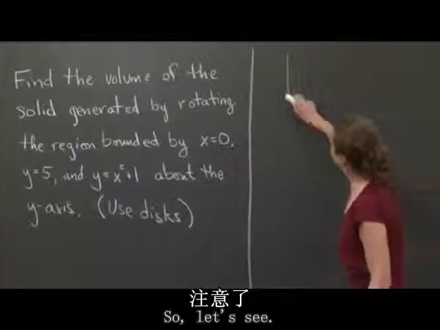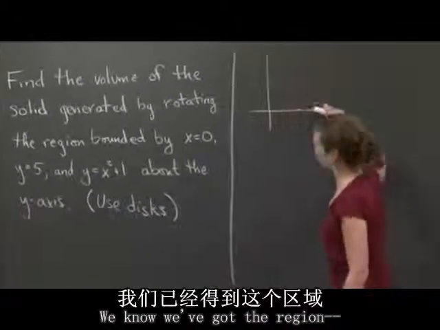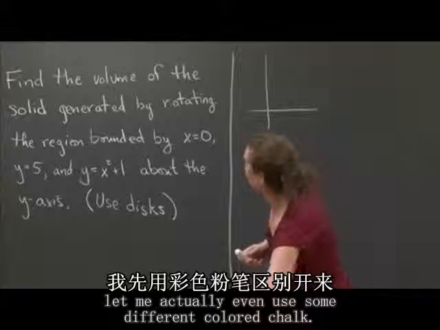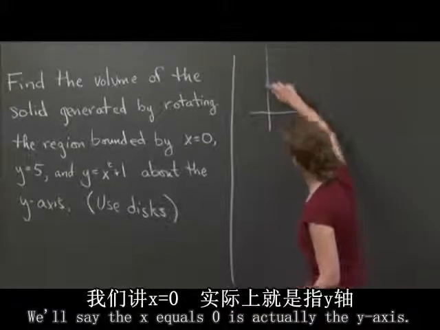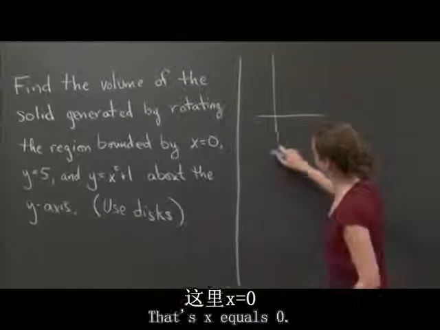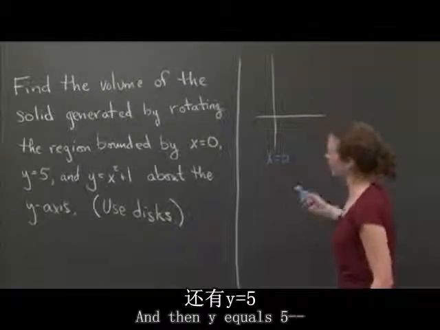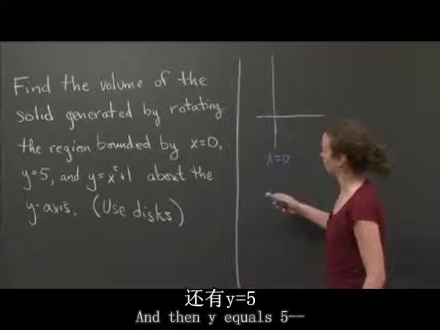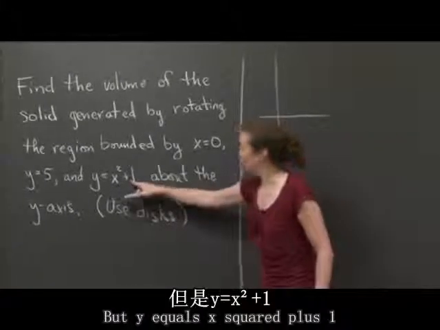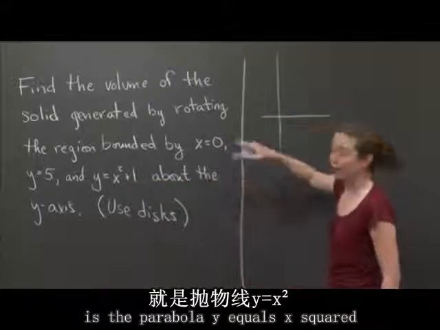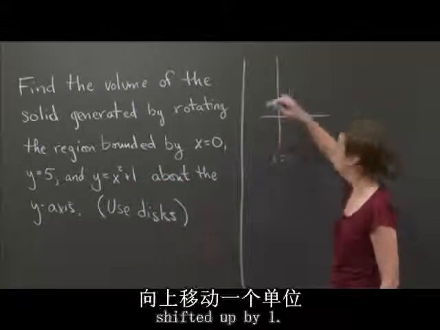Let me use some different colored chalk. We'll say x equals 0 is actually the y-axis. I'll put y equals 5 in last. But y equals x squared plus 1 is the parabola y equals x squared shifted up by 1.